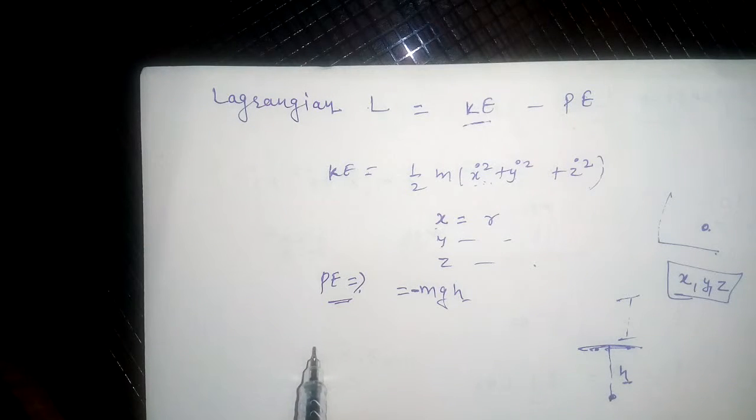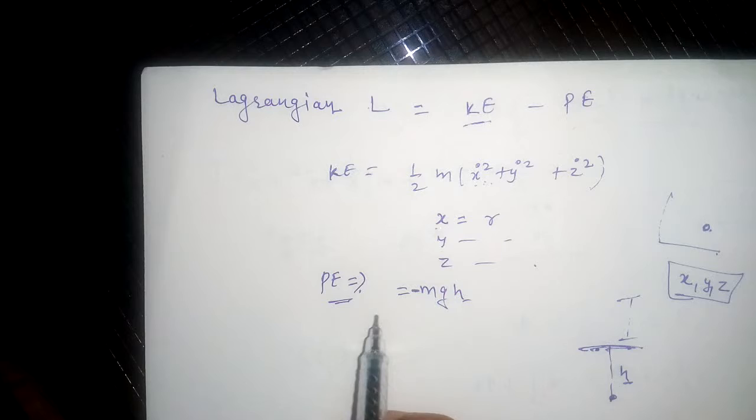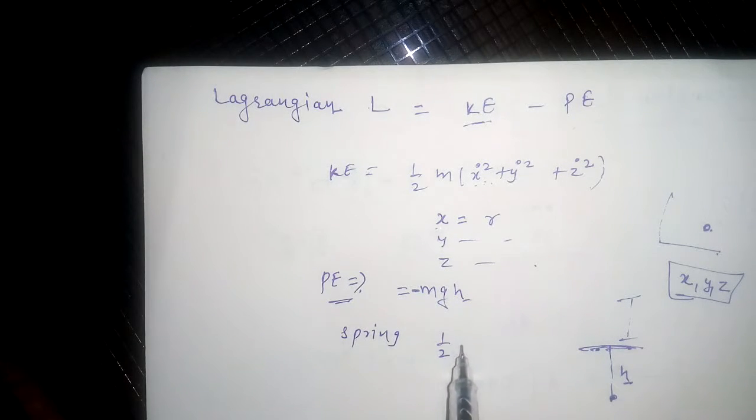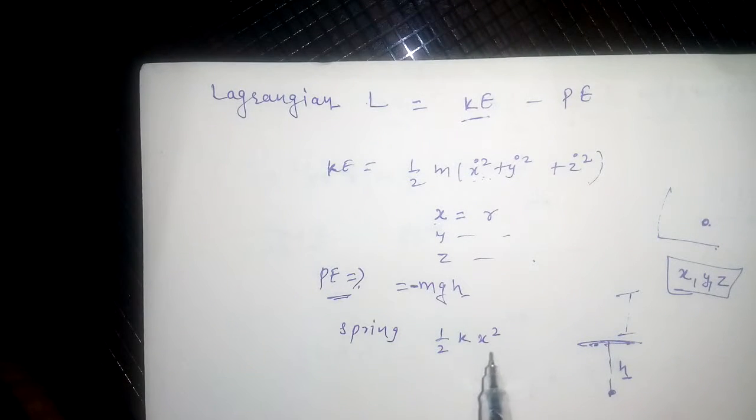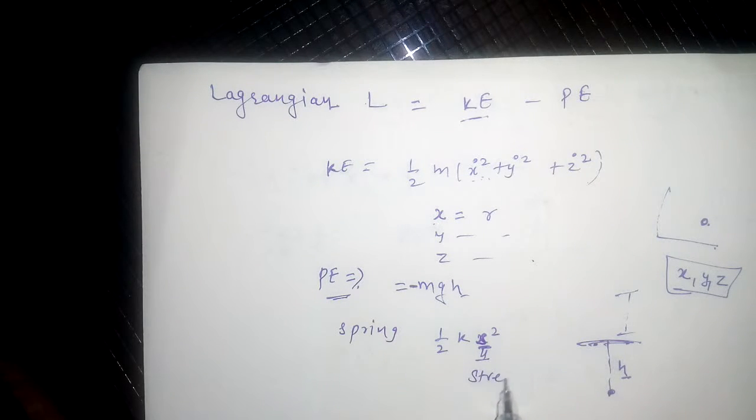And there is some other potential energy, for the spring: half k x square. Here x is not the same as before. x is the stretch in the spring, or the stretch or compression in the spring.